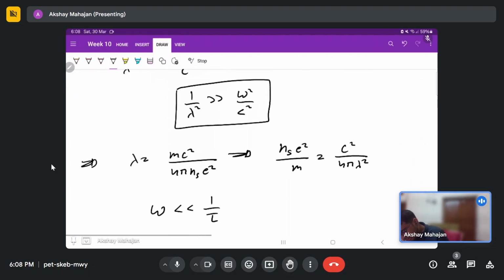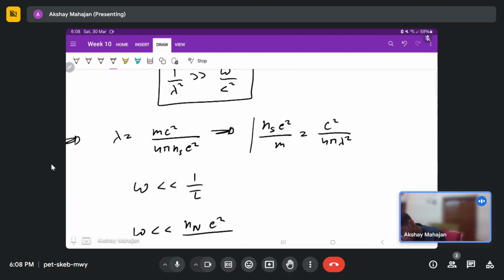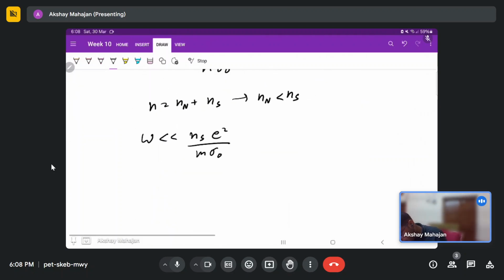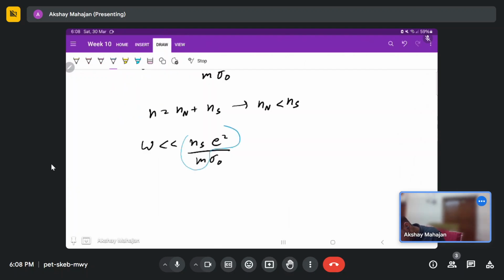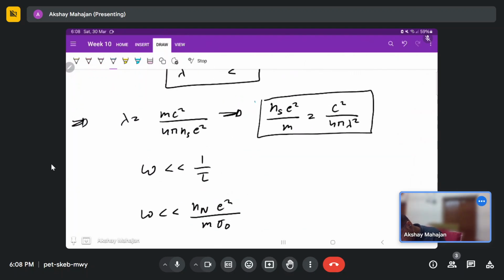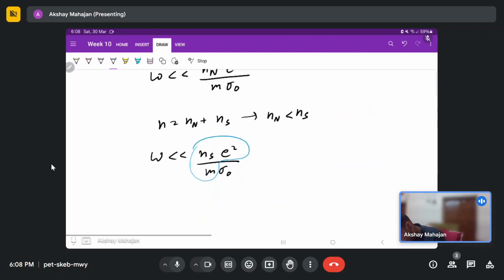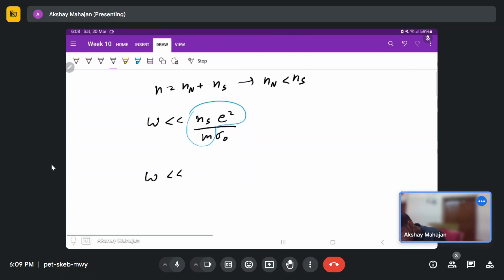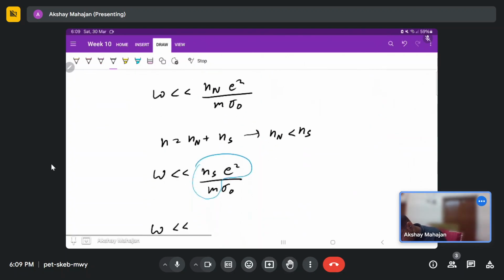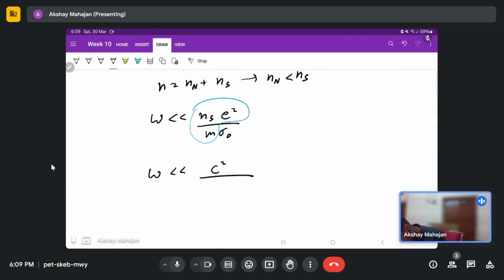And here we have ns e square by m equal to c square upon 4 pi lambda square, so we will use this. So we get omega is much less than c square upon 4 pi lambda square times sigma naught.